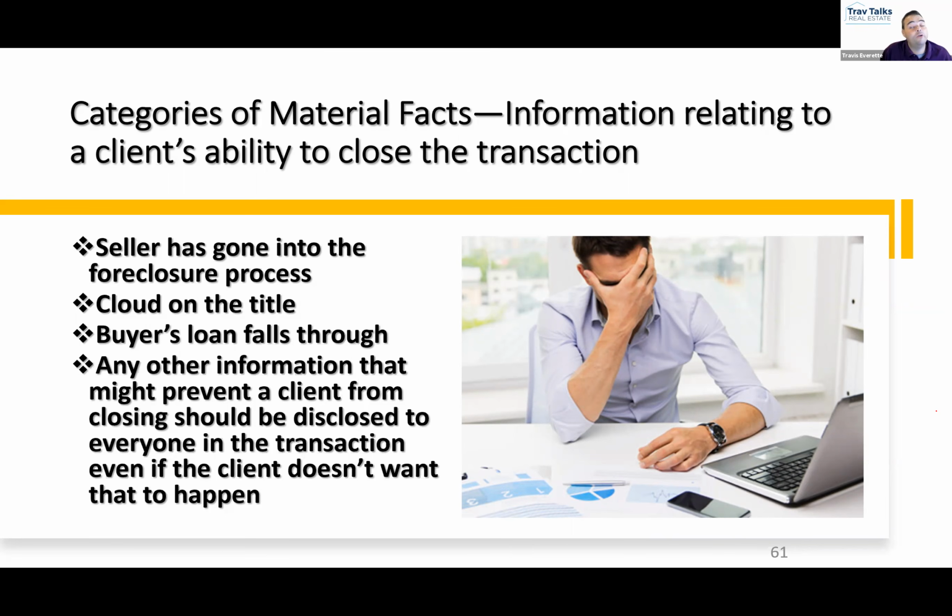Let me put it in real world terms, folks. If you're a buyer's agent and your buyer client, who you owe loyalty and obedience to, has their loan fall apart, do you have to spill the tea on your own client and tell everybody associated with that transaction, my client has lost the ability to close this transaction?